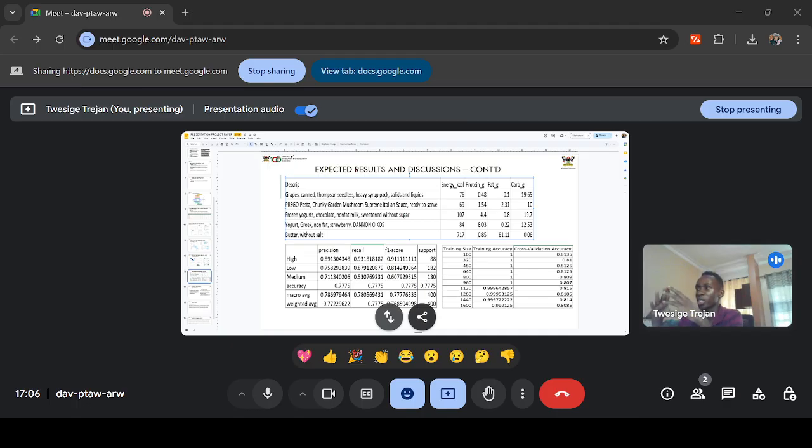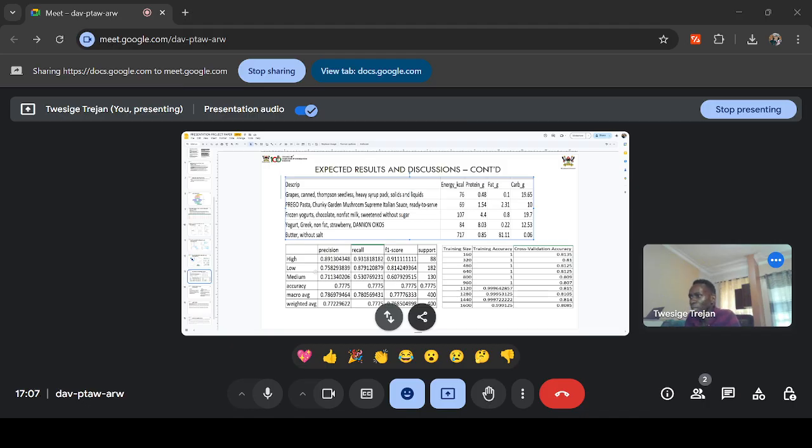After predicting, we expect a description, and for example, for this particular genetic profile, we got grapes, canned, Thompson seedless, and things like that. But as we had said, this nutritional data set is from USDA Food Data Central, which is American based.